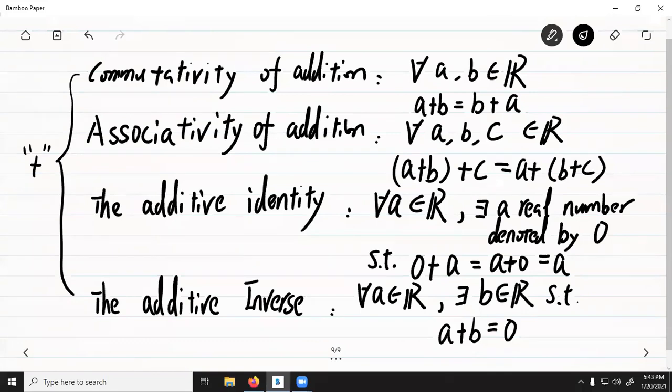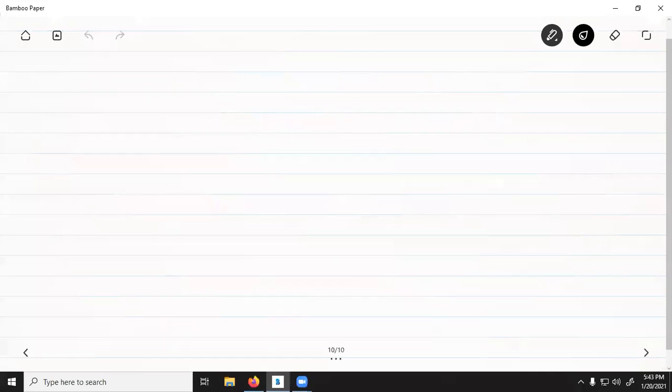So now let's look at the next operation, which is called multiplication. The multiplication also should satisfy other axioms. So the first one is the similar one, which is the commutativity of multiplication.